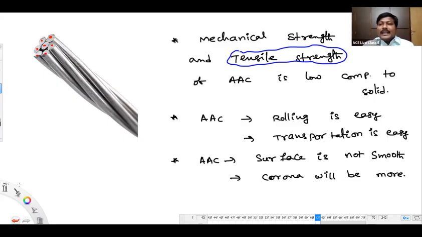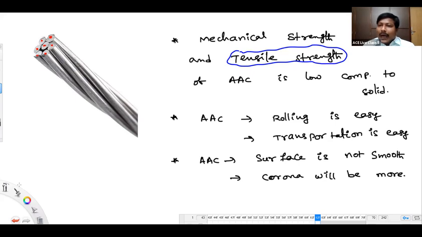That we generally name tensile strength. Very simple word. Tensile strength is a stress experienced by the conductor if you stretch it between two fixed points.